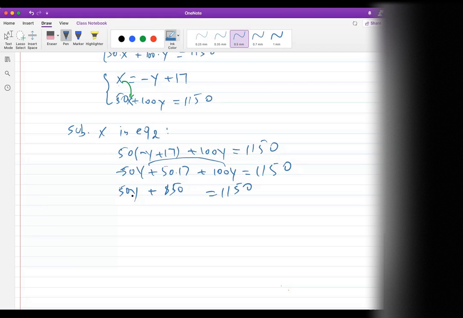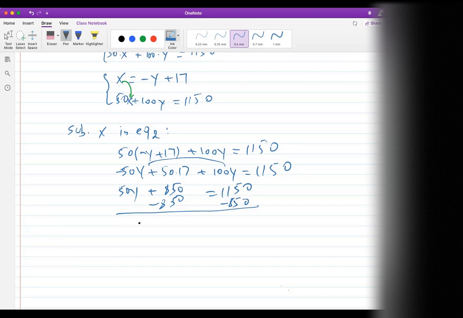Again, we're trying to find y. What do we do next? Everybody, you should know this by now. We have done this a million times. You would basically want y by itself, so you would subtract the 850 from 1150. That's right. I'm going to subtract 850 first.